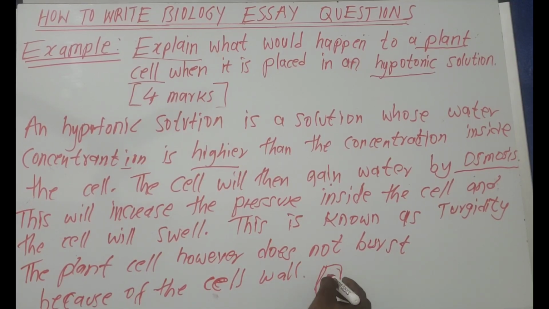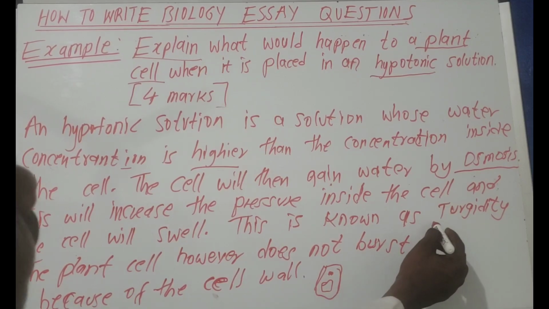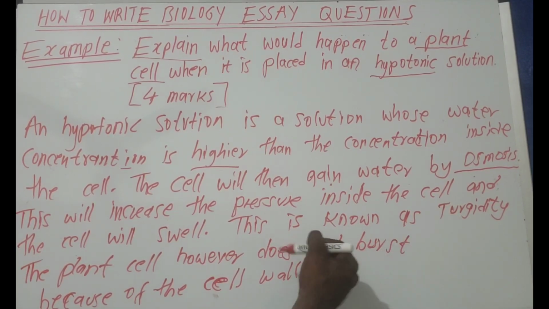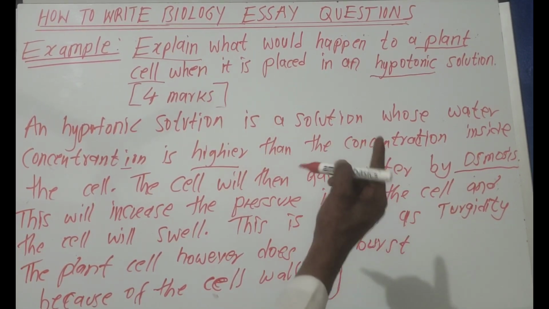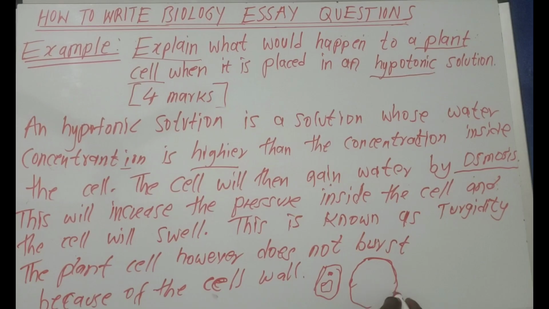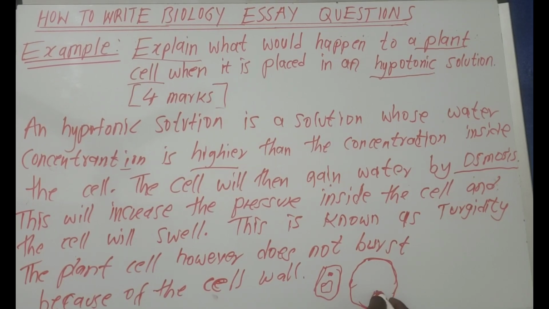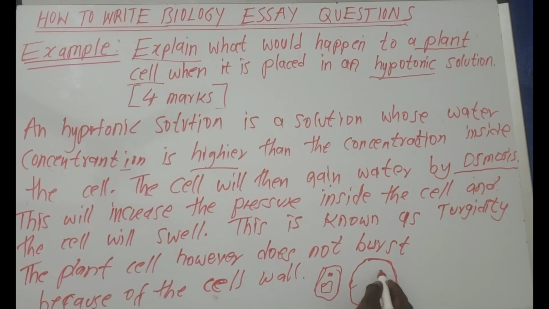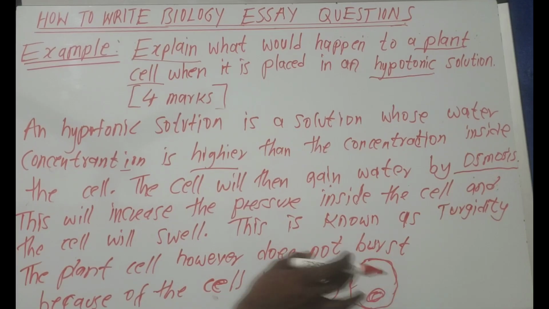Okay, something like this, and it has the vacuole, the nucleus, and all the stuff. But when the cell is in this condition, it has been placed in a hypotonic solution, it will expand. Okay, it will expand, and we will still have the vacuole, the nucleus, and the cytoplasm and everything.